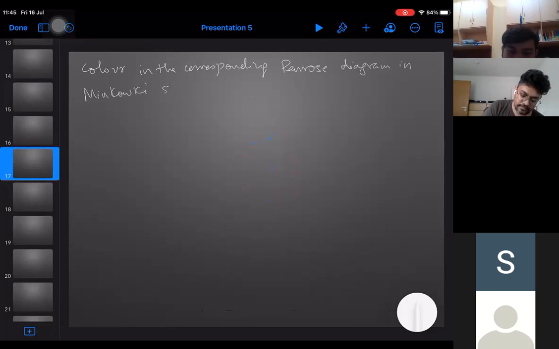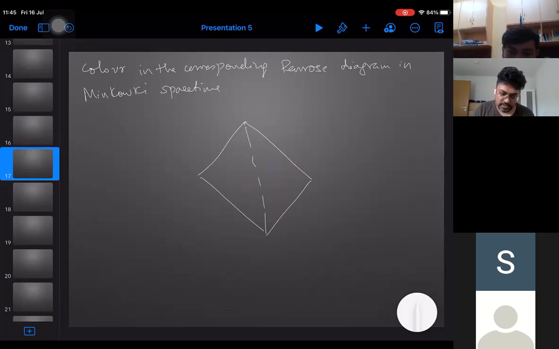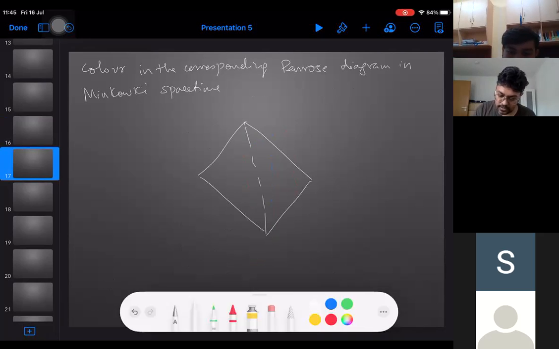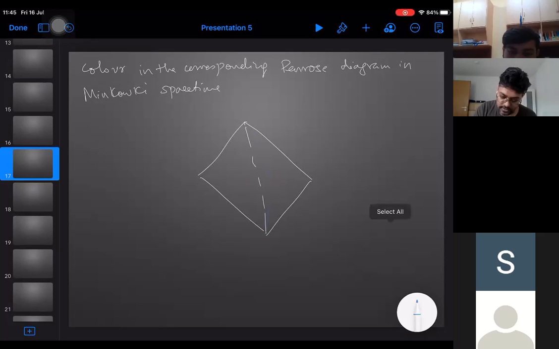The Minkowski is given by something like this.